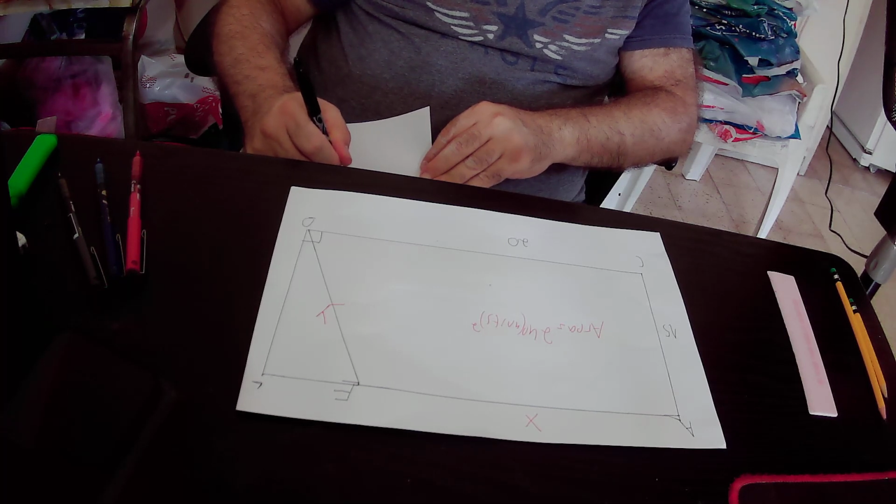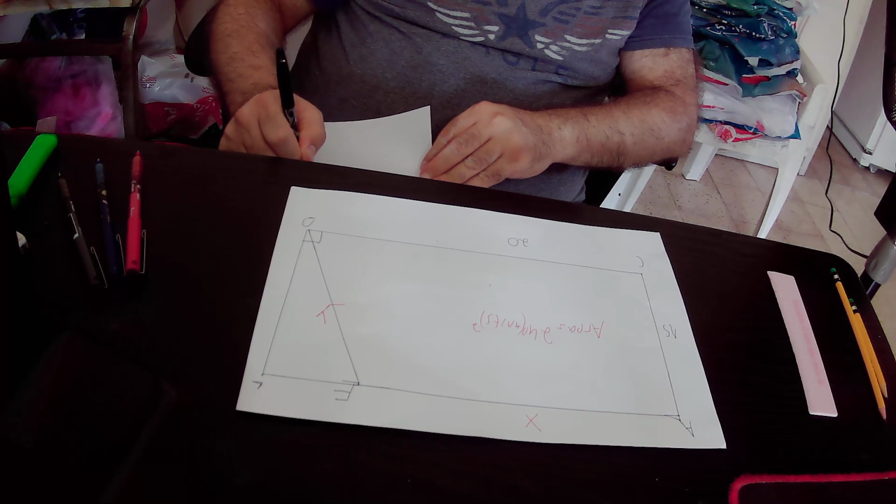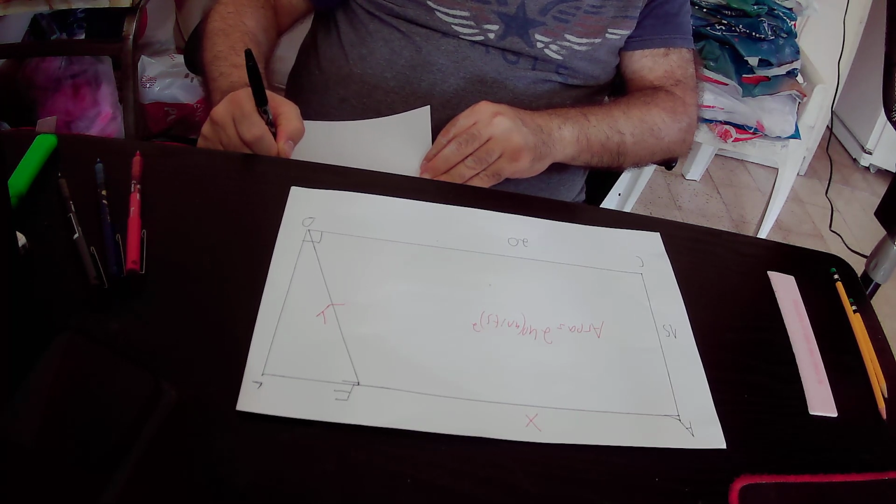So the area of rectangle ALCD equals 300 square units.